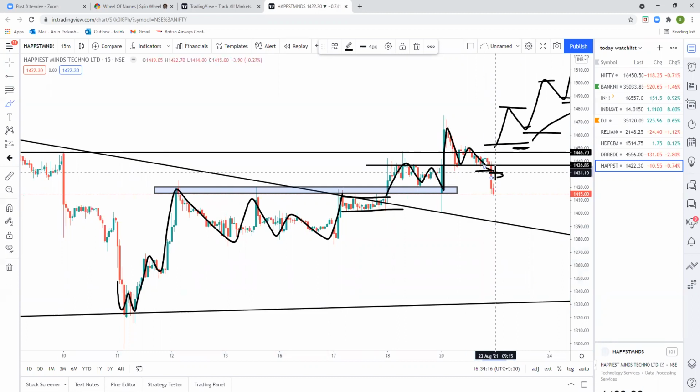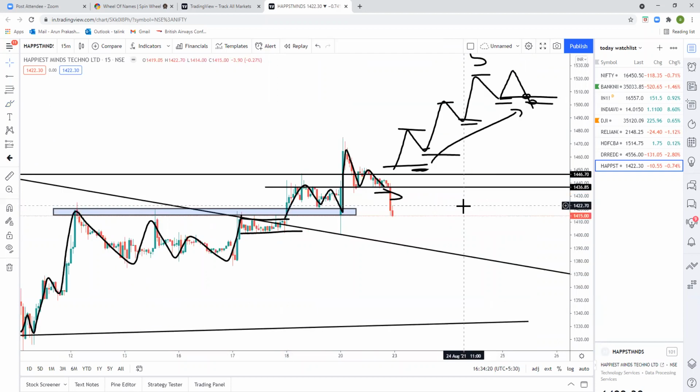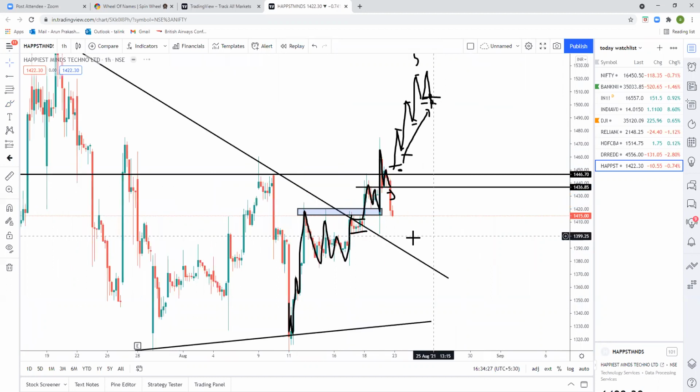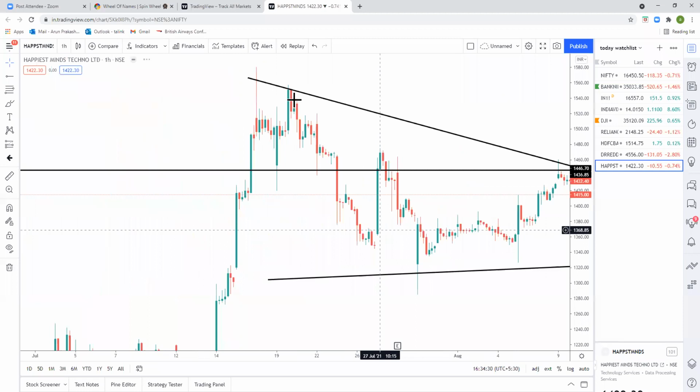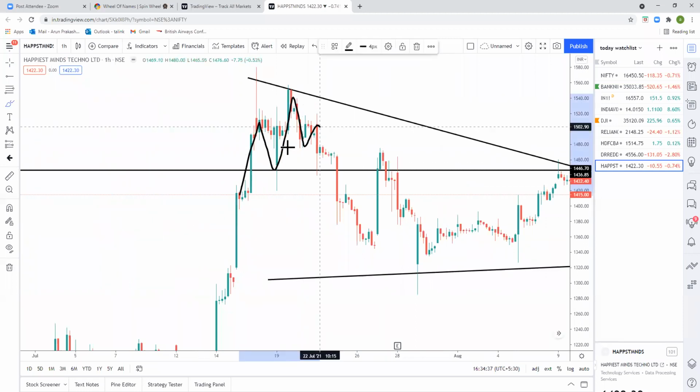Now if you are doing a swing trade, just increase the time frame. Go to 15 minutes, go to 1 hour. In 1 hour, when the previous low is getting broken, this is the 1 hour time frame, somewhere around this level, you exit your trade.